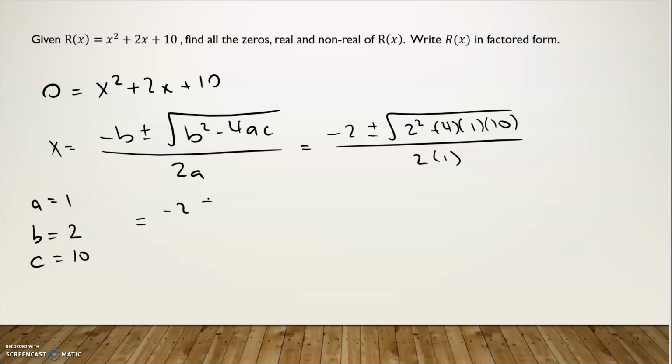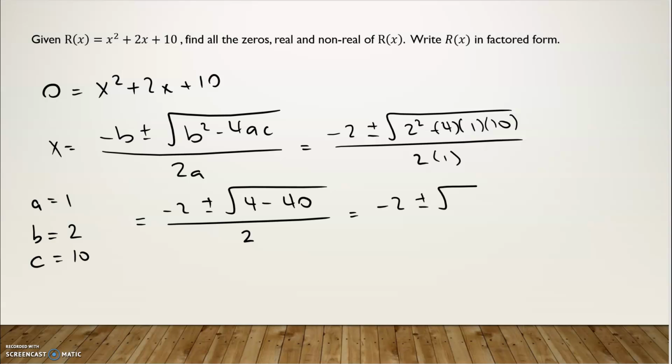Okay, so that'll be negative 2 plus or minus the square root of 4 minus 40, that's negative 36, over 2.